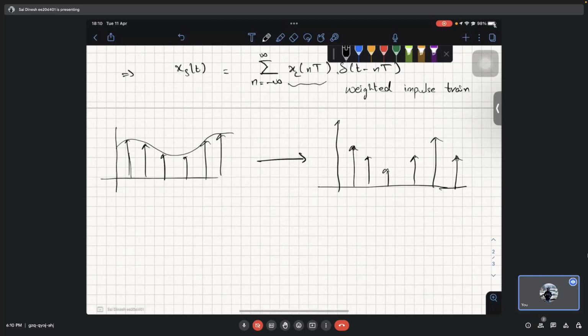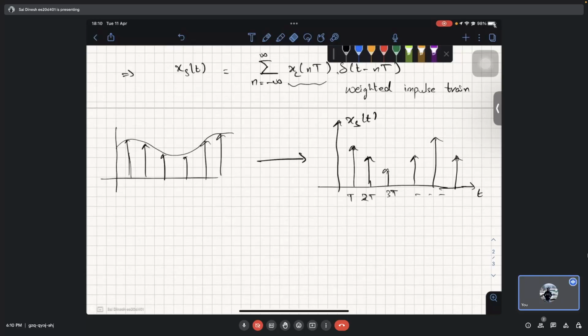So this is xc of t times s of t, and the time instances are T, 2T, 3T, and so on. So this is xs of t basically, right?